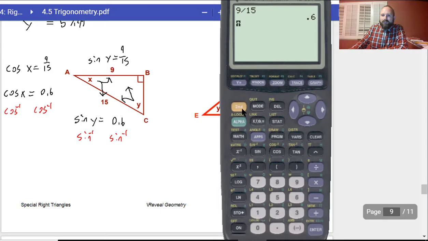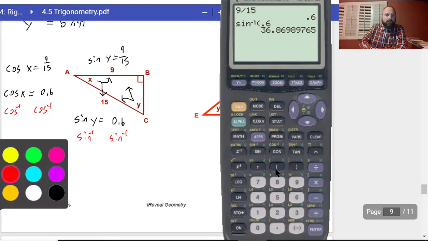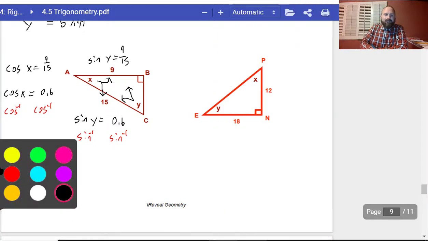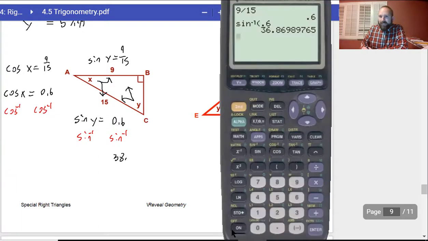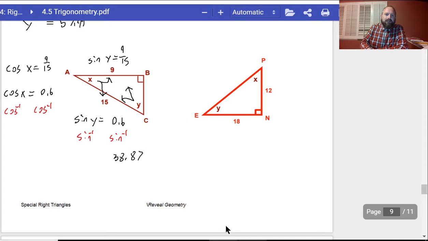So let's do it. The inverse sine of 0.6 is equal to 36.87. So I would write 36.87 is equal to y. But remember, it's in degrees.